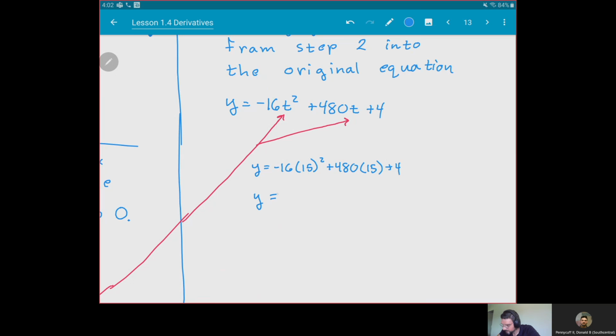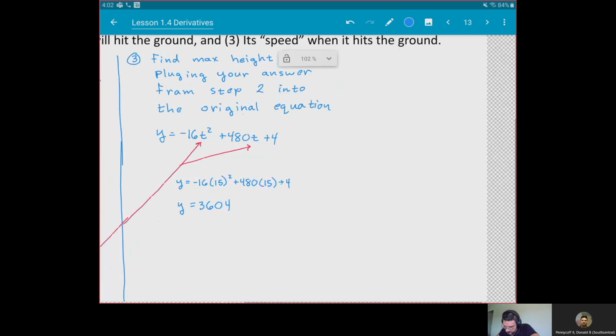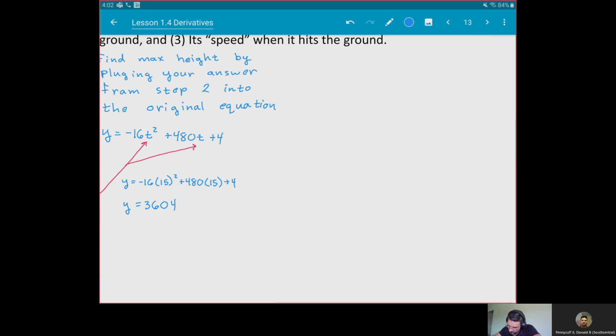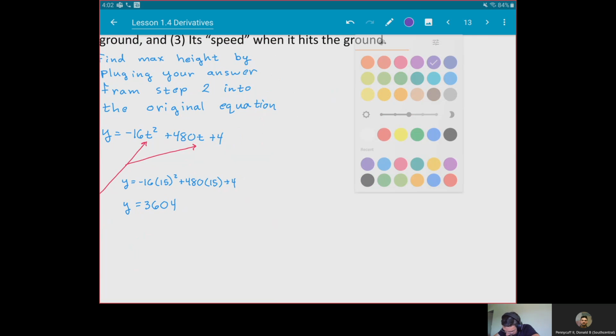So y is equal to 3604. So that is the maximum amount, the max height, 3604.